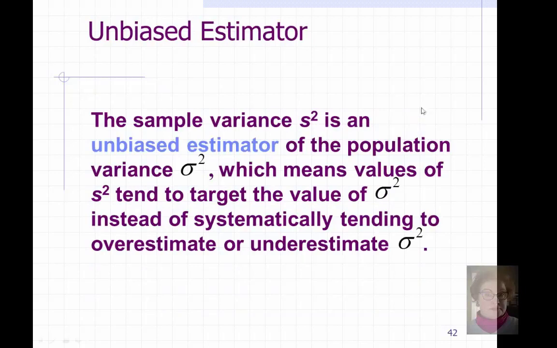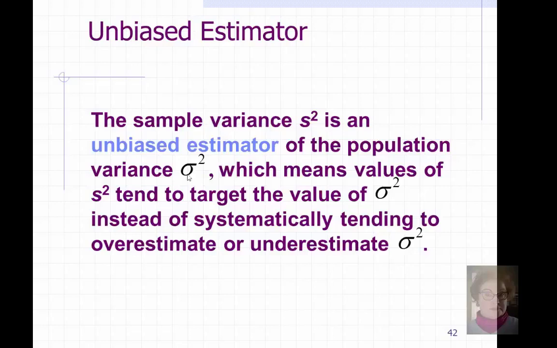Now, what we're doing in statistics is trying to estimate the parameter using a statistic. With these calculations that we've talked about, we're looking at unbiased estimators. So we use the sample variance or the sample standard deviation to estimate the population variance or the population standard deviation.